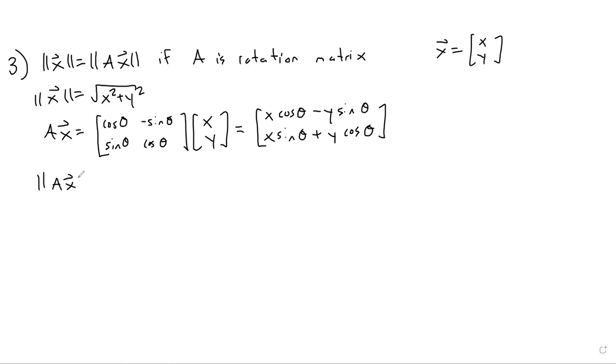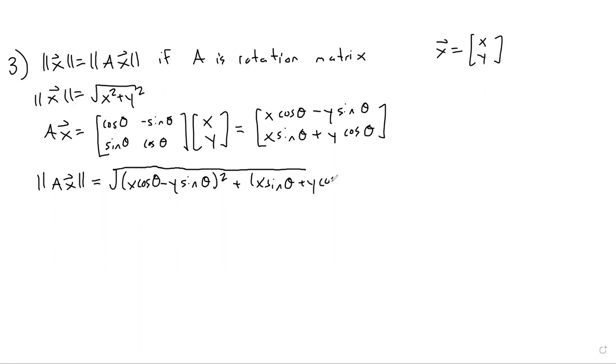So the length of Ax is going to be the square root of this big expression here, x cos theta minus y sine theta, squared, plus x sine theta plus y cos theta, squared. And so really all I've got to do with this is expand and simplify, and just hope it works out.